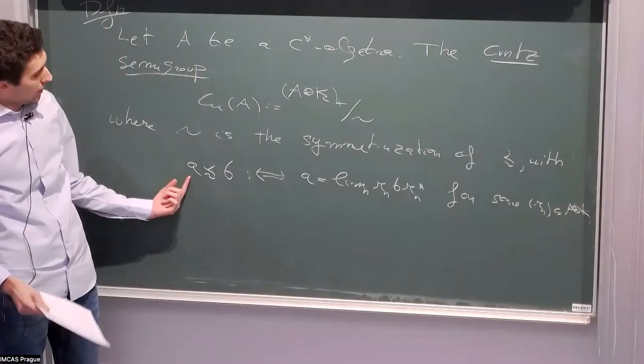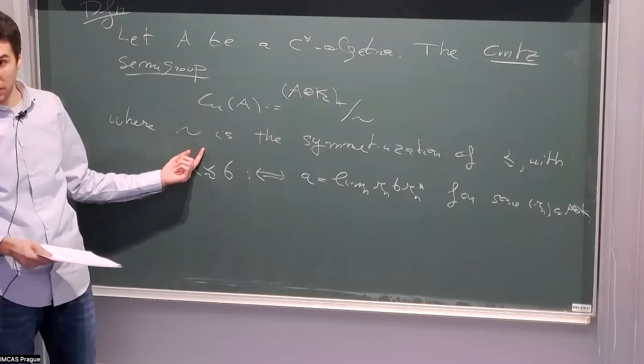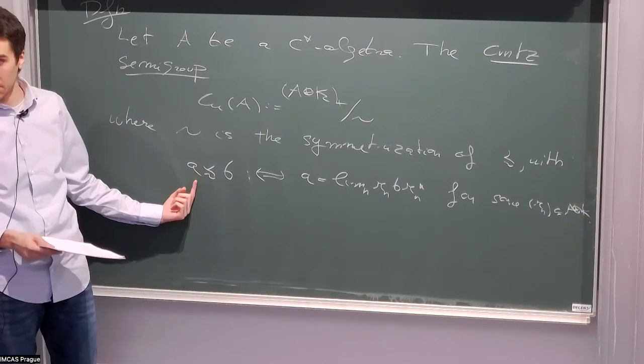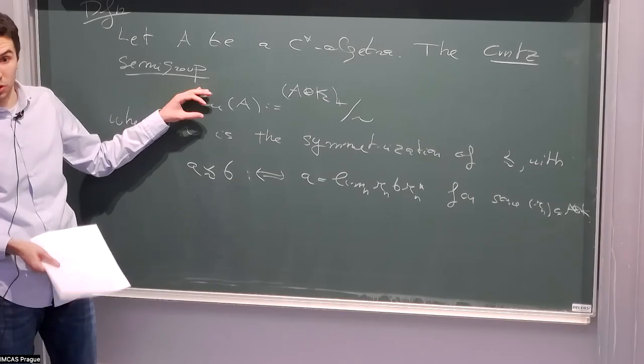So we say that a is subequivalent to b if this happens, and then we say that a is equivalent to b if a is subequivalent to b and b is subequivalent to a. And this turns out to be an equivalence relation, and so this is a legitimate quotient you can consider.